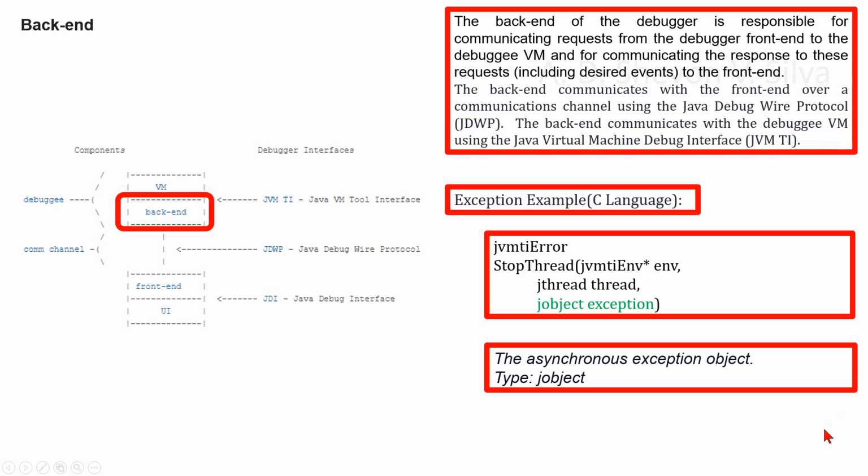An example, we can consider this exception in C language. This is an asynchronous exception object of type jobject in StopThread.